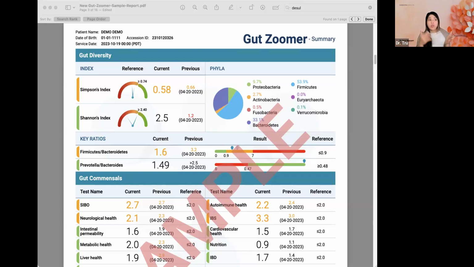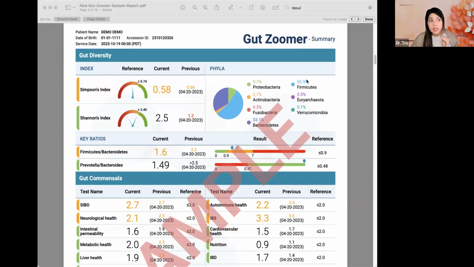But in general, what you want to understand here is Bacteroidetes. These are considered the good bacteria population in our gut, and usually they represent about 50 to 60% of the gut microbiome.